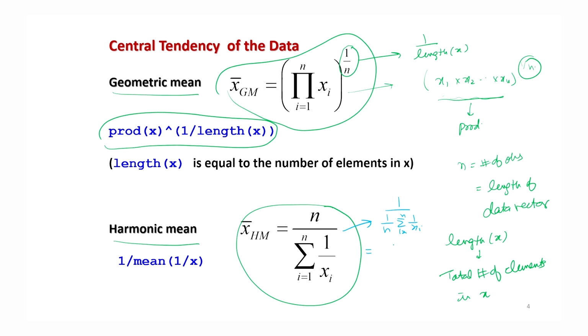So I can write this simply as mean of 1 upon x. What does 1 upon x mean? 1 upon x gives us the inverse of all the values in the data vector x, right, which we discussed earlier in data vector operations. And then you are simply finding the arithmetic mean. So just by writing 1 upon mean of 1 upon x, you can very easily compute the harmonic mean, right.